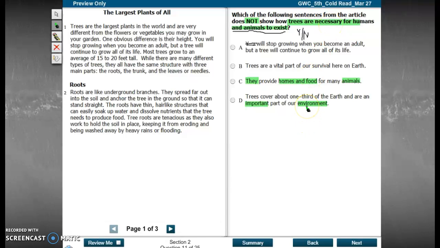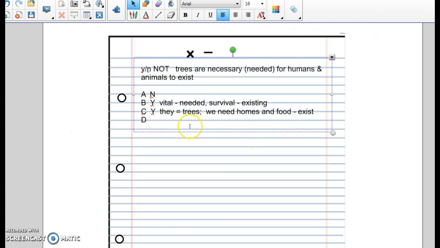This one was a little bit trickier, but if you're looking at our choices, I would say yes, that does prove it. Because important equals necessary or needed, and we need our environment to exist.